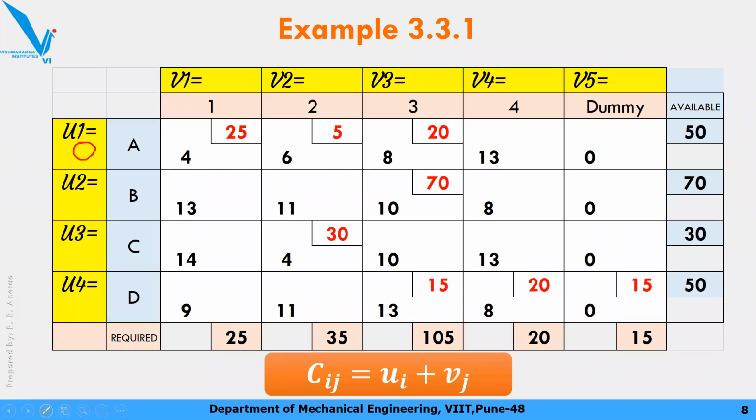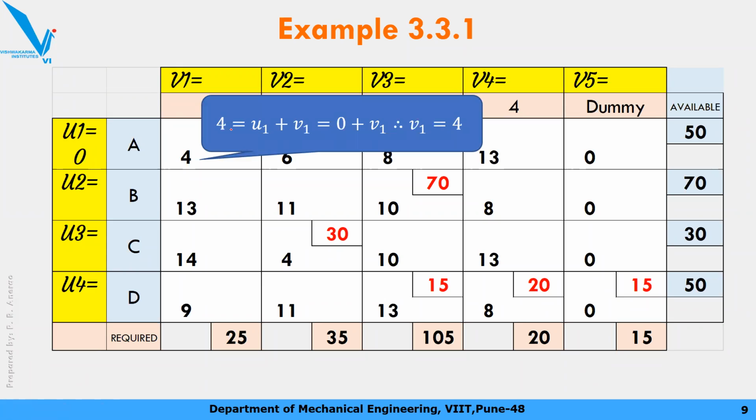Now see what the formula becomes: 4 equal to u1 plus v1. We have assumed u1 value equal to 0, so plus v1. So v1 becomes 4. Understood? So I'll put v1 here equal to 4.